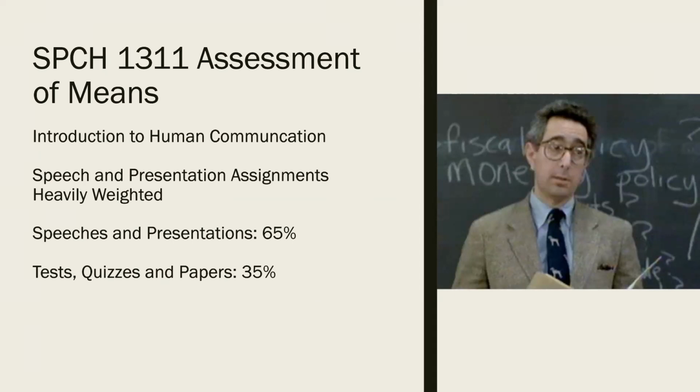But when I categorized them by the type of assignments they were, I realized, wow, that's pretty heavy, 65%. In a different course, I think that would be okay, right? In a public speaking course, I think speeches are fantastic at 65%, okay? But in an introduction course to human communication, it really wasn't appropriate. And so instead of having it 65-35, I made some changes.